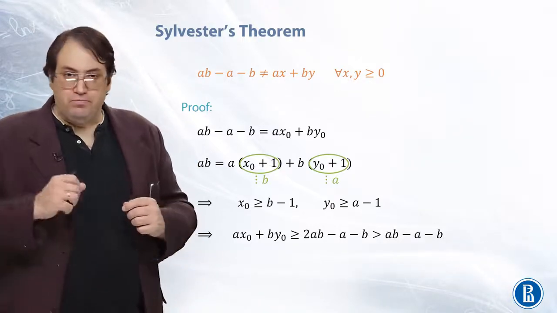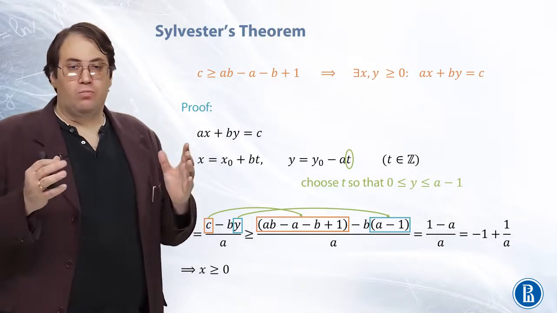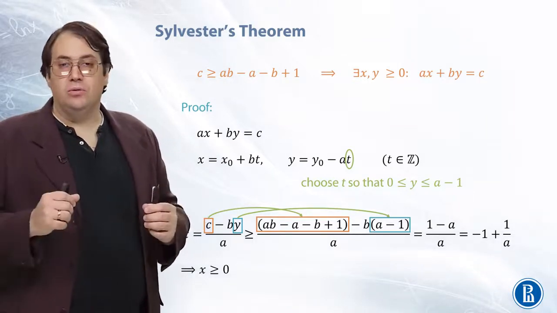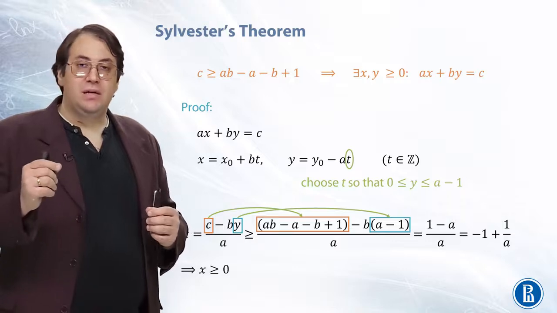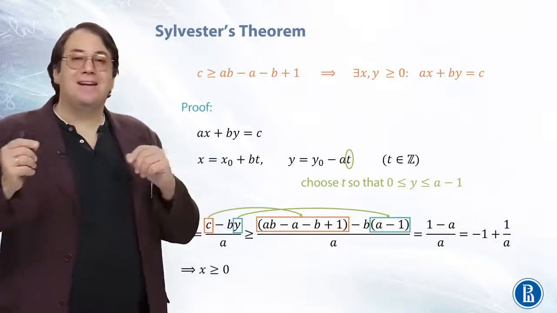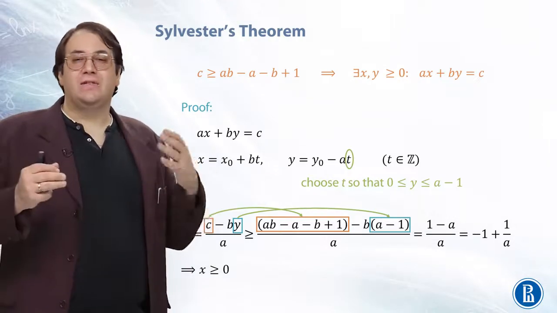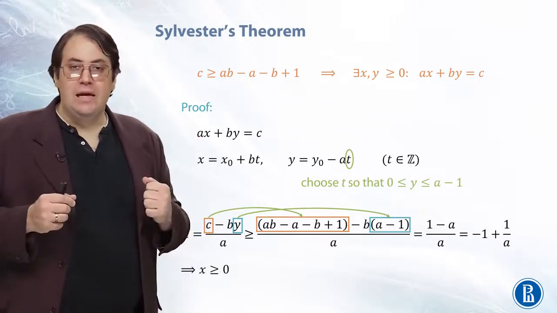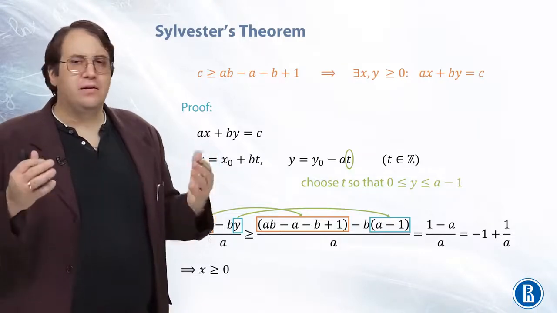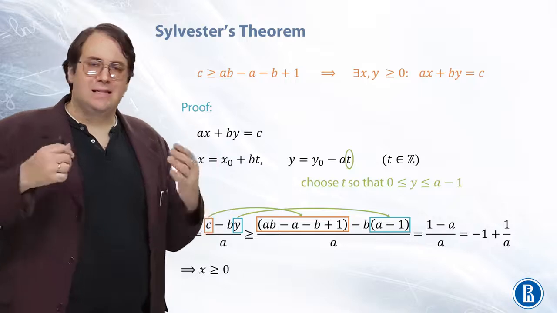Now, the second part. We need to take an arbitrary c greater than or equal to ab minus a minus b plus 1, which means that it's strictly greater than ab minus a minus b, and prove that such non-negative x and y exist. First consider just a linear Diophantine equation with simply integer unknowns x and y.